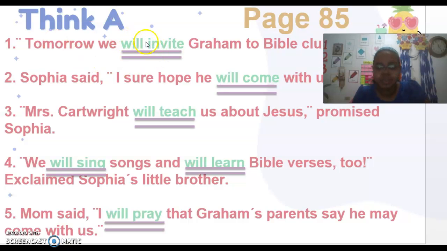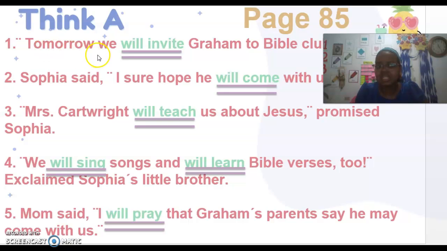Remember that when we are talking about future, we are always going to use the word will before we write the verb. The verb is going to be written in present tense in a normal way, but when we add the word will, we are going to talk in future.